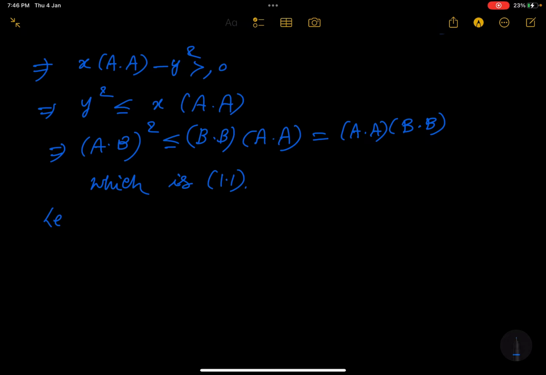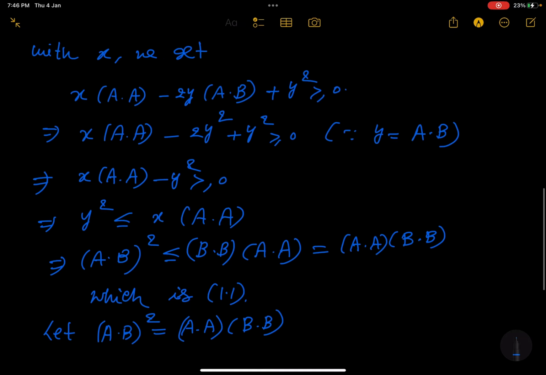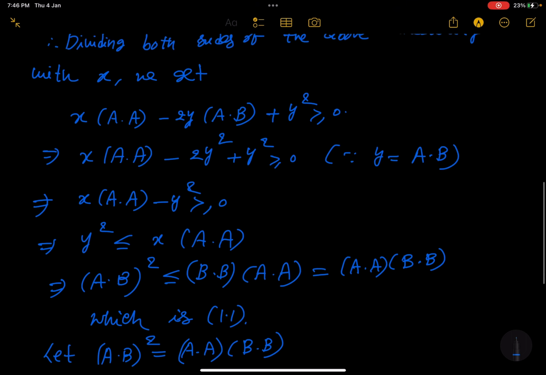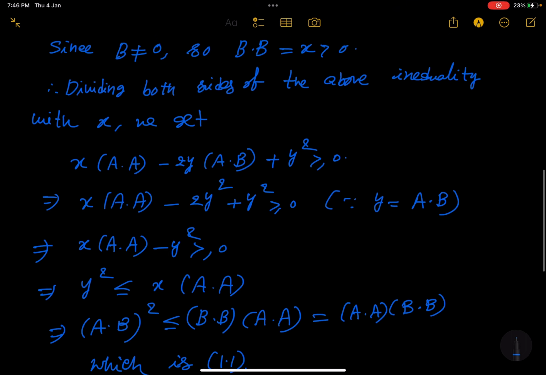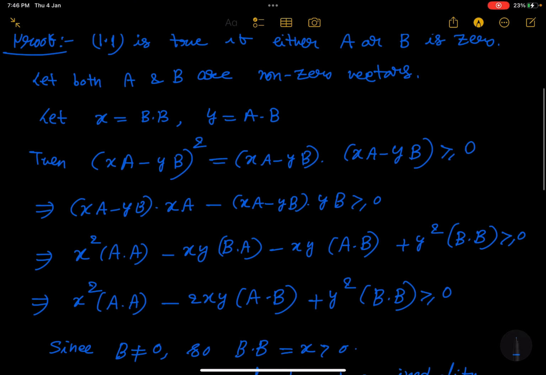Now let the equality hold. That means suppose (A dot B) whole square equals A dot A multiplied with B dot B. Then this quantity is equal to 0. So we say that (xA minus yB) whole square is 0.